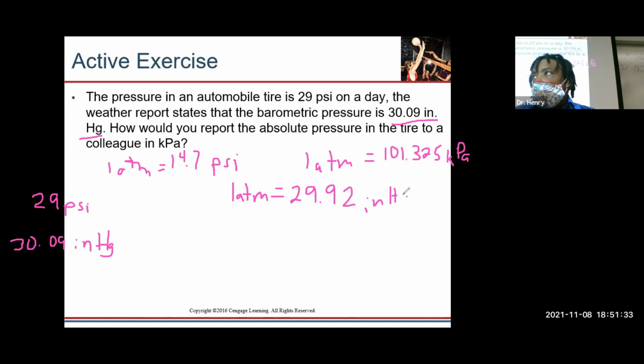Okay, so how are we going to do this? So first, you were saying convert this into what? What are we going to convert it to? PSIs. ATM. Okay, so how would I do that?